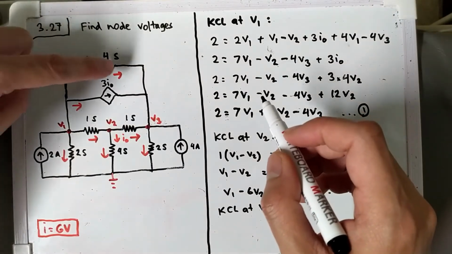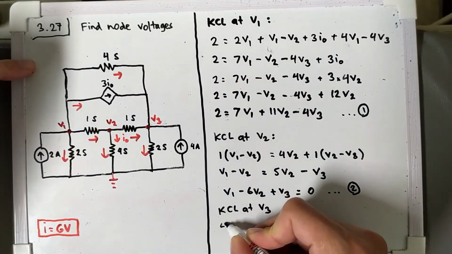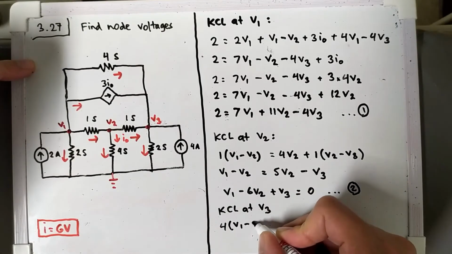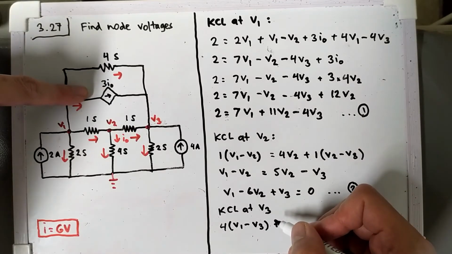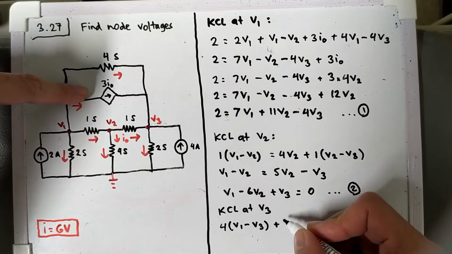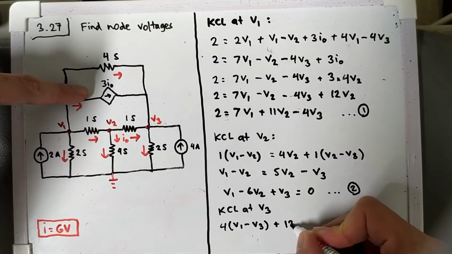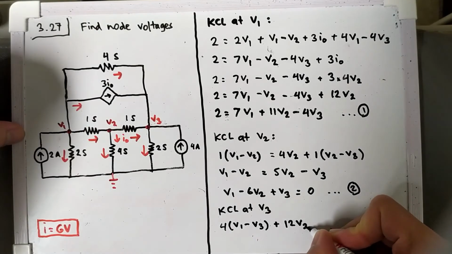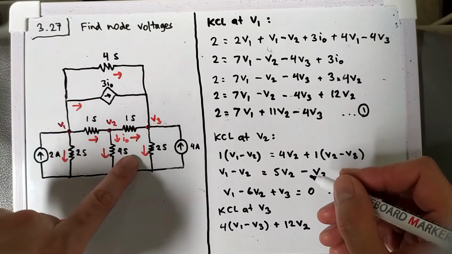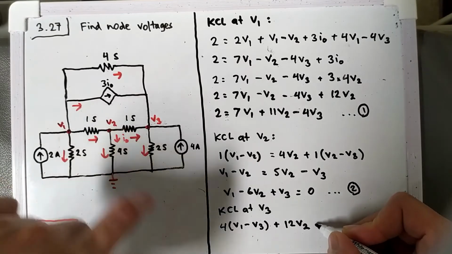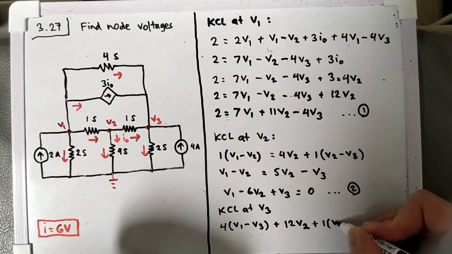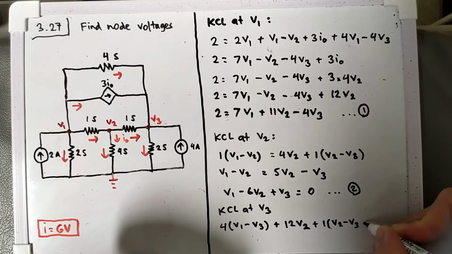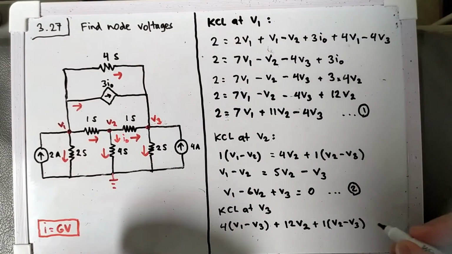The first current is here, so I will have 4 times V1 minus V3, plus 3I0, but I0 is 4V2, so I will have 12V2, and then for this one I will have plus 1 times V2 minus V3, and the last one is plus 4.